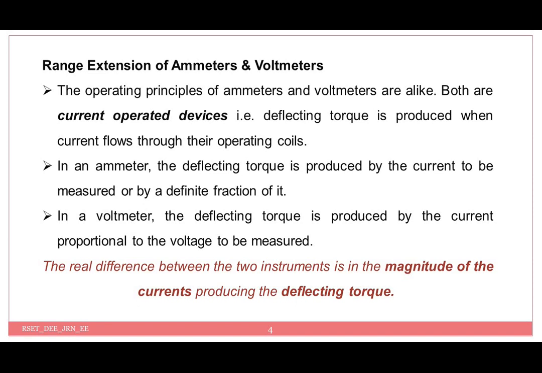In an ammeter, the deflecting torque is produced by the current to be measured or by a definite fraction of it. In a voltmeter, the deflecting torque is produced by the current proportional to the voltage to be measured. The real difference between the two instruments is in the magnitude of the currents producing the deflecting torque.